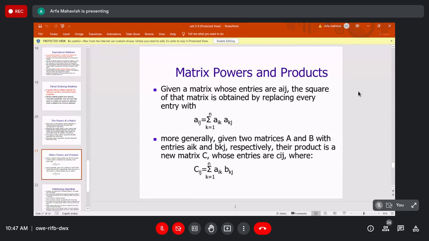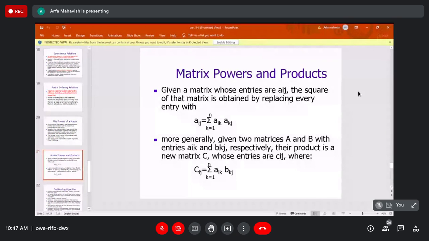Here i is the row and j is the column. So you write a_ij equals sigma a_ik times a_kj. Here we write 1 times 1 plus 2 times 3, and so on. This is the way you represent this matrix, guys.